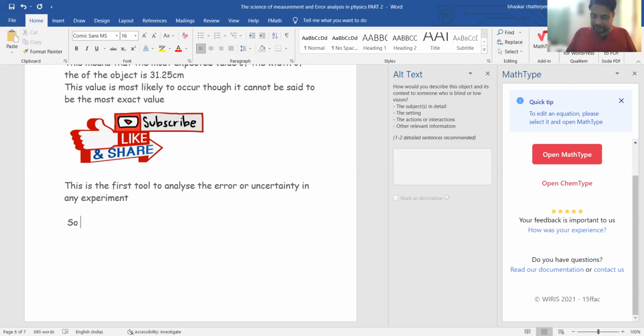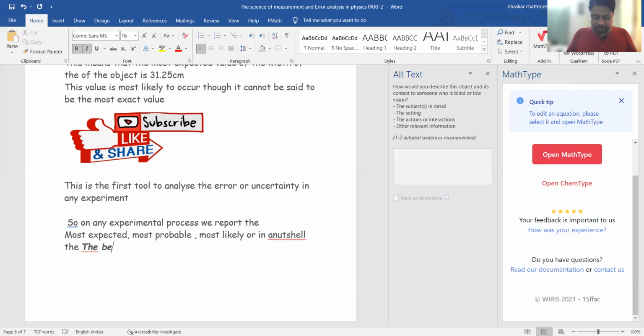So in any experimental process, we report the most expected, most probable, most likely, or in a nutshell, the best estimate of the quantity.